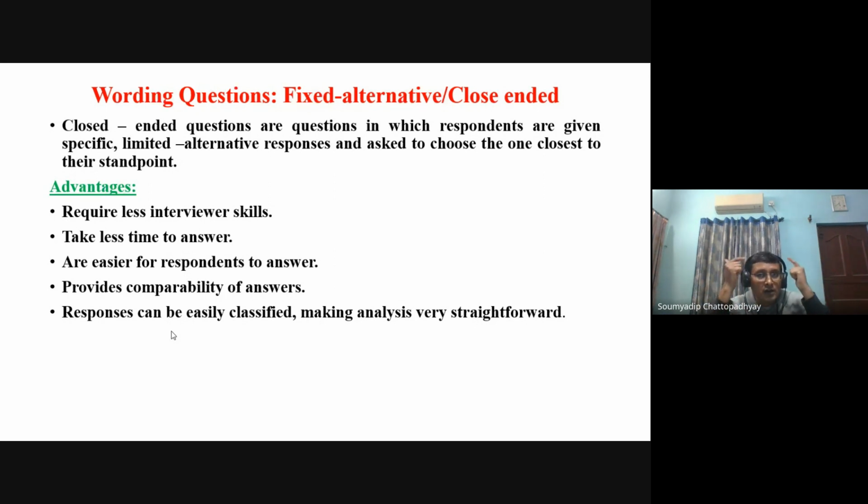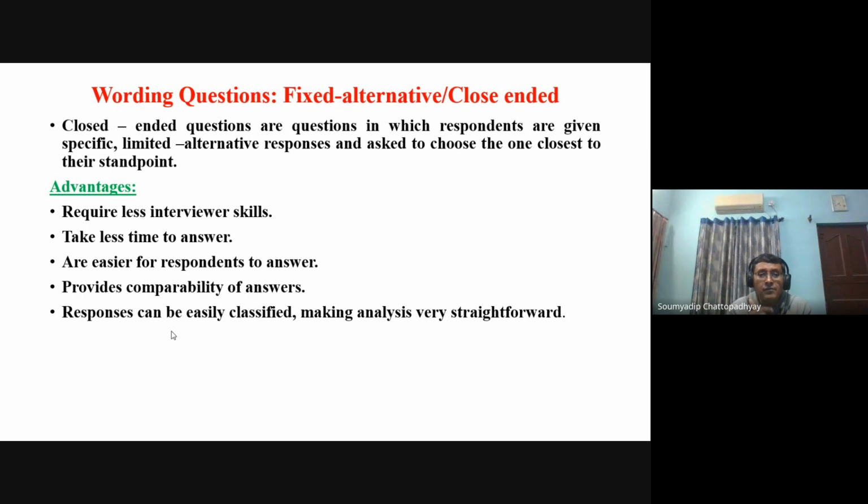This is one very basic advantage of the close-ended questionnaire, because if you are keeping your questions open-ended, then there is a high chance of getting a huge number of different types of responses depending on the research problem, and then it is very difficult for you to present the findings in a comparable format, which is not the case with the close-ended questionnaire, because you are providing respondents certain specific alternative responses, and you are also getting the responses from them in that format only.